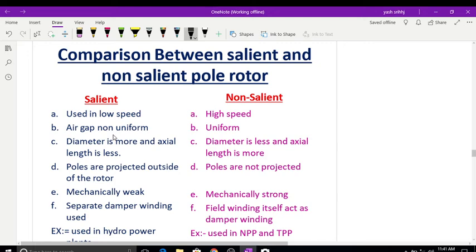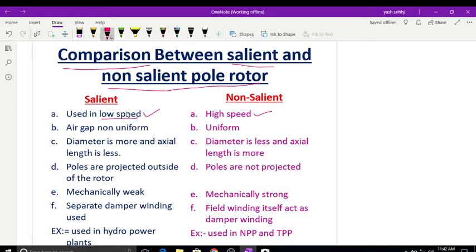So let us discuss the comparison between these two rotors. I already discussed the construction. Now let us discuss the comparison. Let us compare the salient pole and the non-salient pole types of rotors. The salient pole rotor is used for low speed, and this one is for high speed.